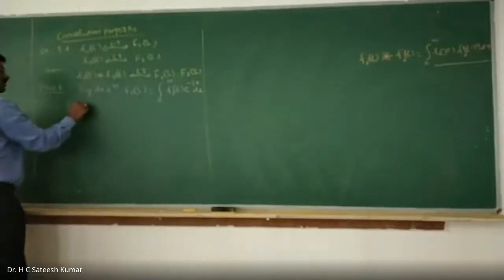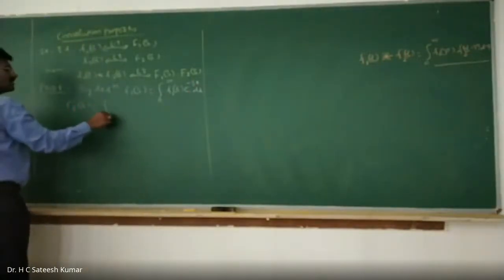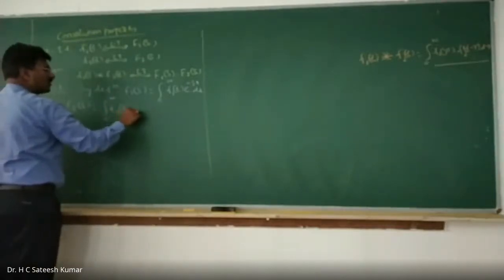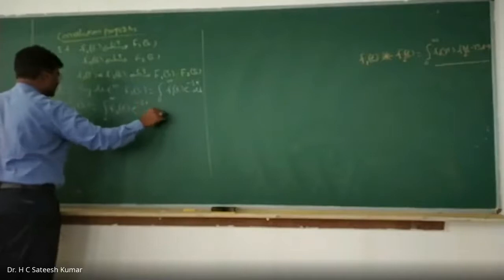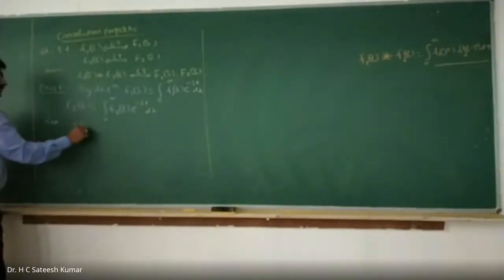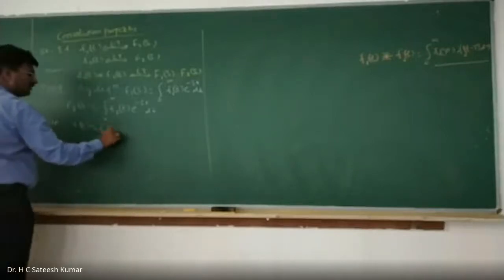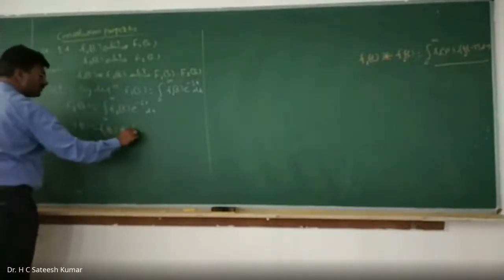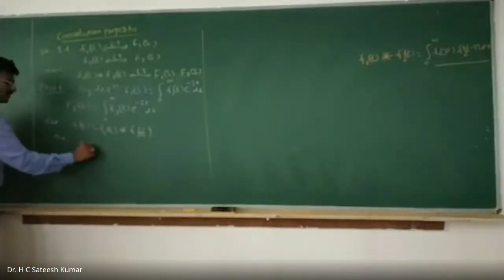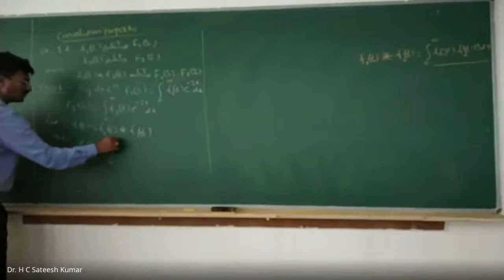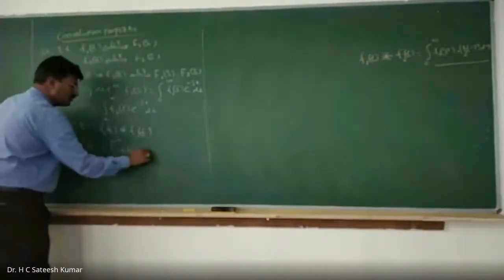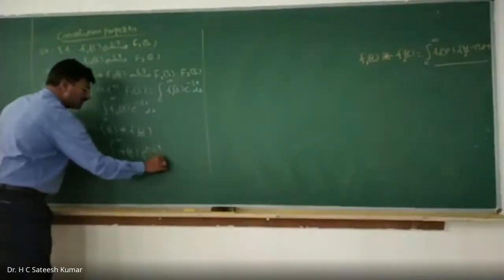F2 of s is equal to integration from 0 to infinity f2 of t into e to the power of minus st dt. Let f of t be equal to f1 of t convolution with f2 of t. Then F of s is equal to integration from 0 to infinity f of t into e to the power of minus st dt. Definition.